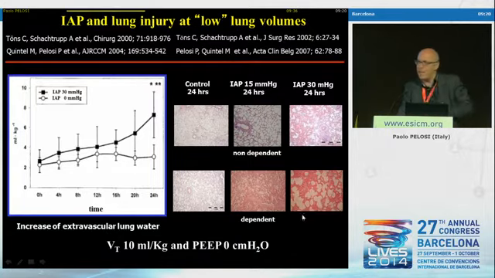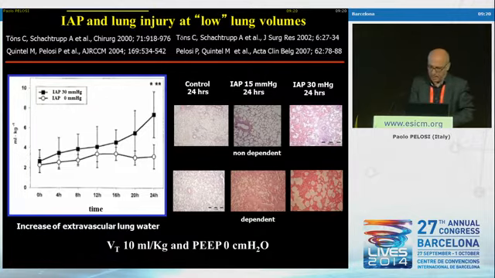You see that a normal lung, after a few hours in conditions with higher intra-abdominal pressure, develops a sort of lung injury. So intra-abdominal pressure per se, especially when it's higher than 20 millimeters of mercury, is associated with lung injury.